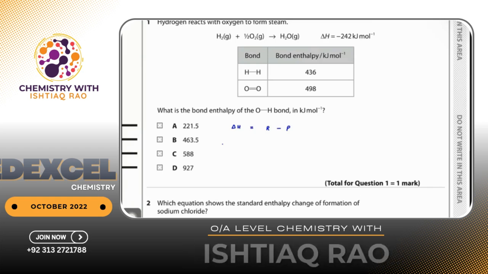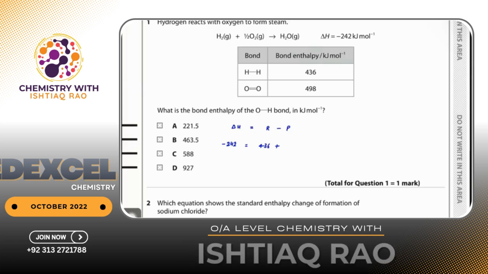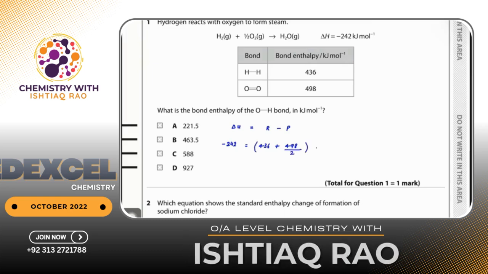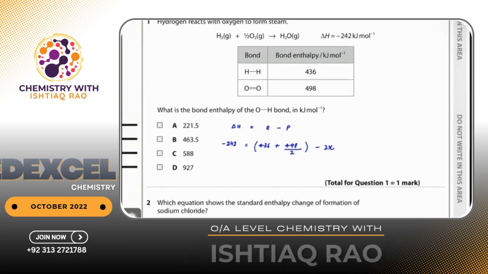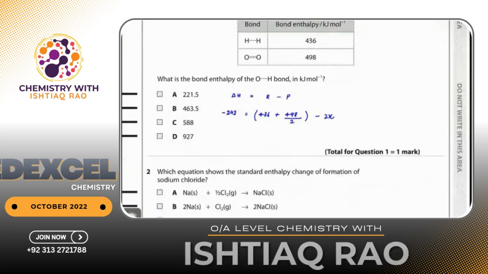Delta H is minus 242, which is equal to reactant, that is 436 plus O2, that is 498 divided by 2, and minus 2x, and then we have to find out the x.